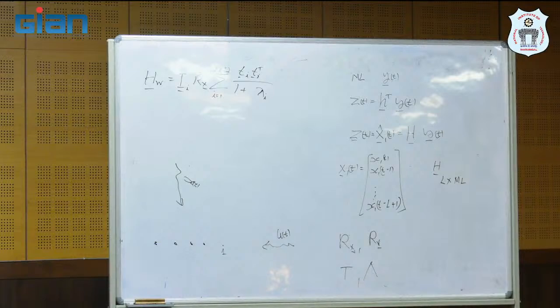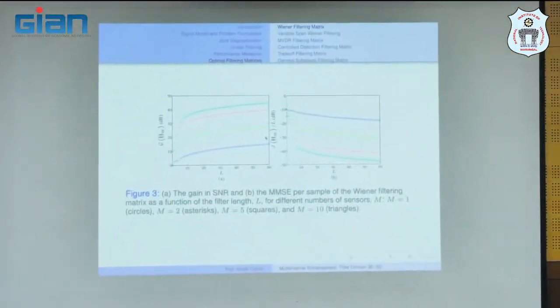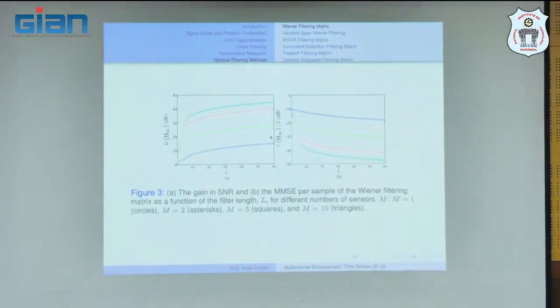Okay, so let's see how the Wiener filtering matrix performs as a function of L and the number of sensors. Here we have the gain in SNR, and here we have the minimum mean squared error, the MSE, obtained by using the Wiener filtering matrix, as a function of L. Each color corresponds to a different number of sensors, a different M. The blue is for M equals 1, which is a single channel.